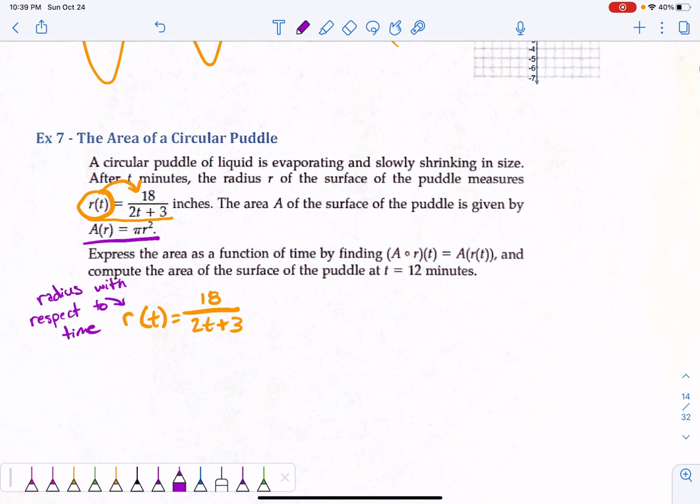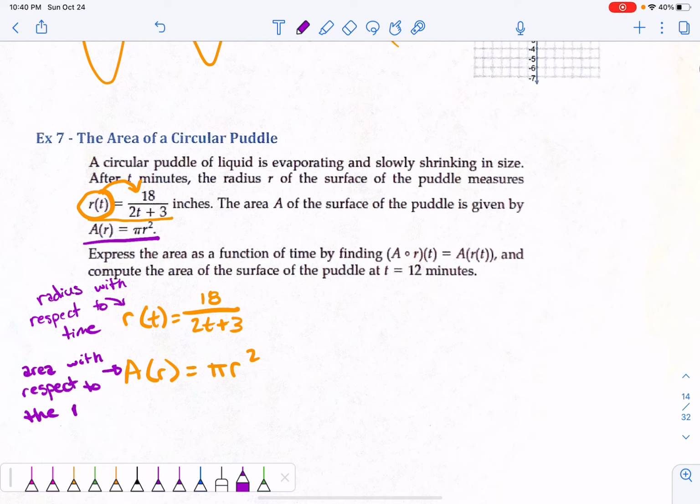And that's what we know to be area, right? A of r is pi r squared, and this is the area of a circle with respect to the radius. It's the area in terms of the radius, okay?